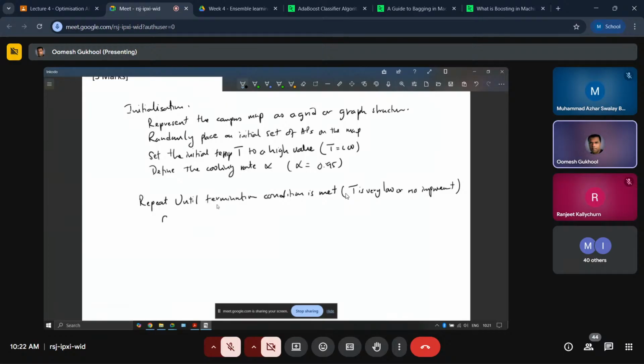So generate a neighbor solution N by any of these methods, by either relocating an existing AP to a nearby position.